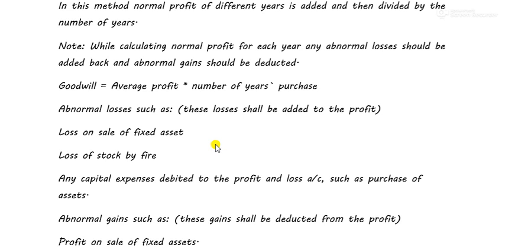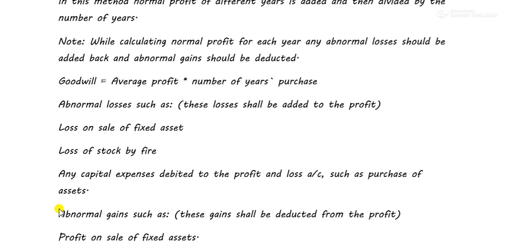Now I'm talking about adjustments you have to make in the normal profit before you add it to all the other profits. When you calculate the profit for the year, abnormal losses and abnormal gains should be excluded.